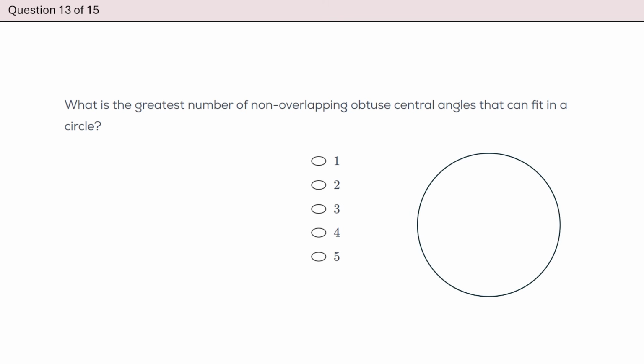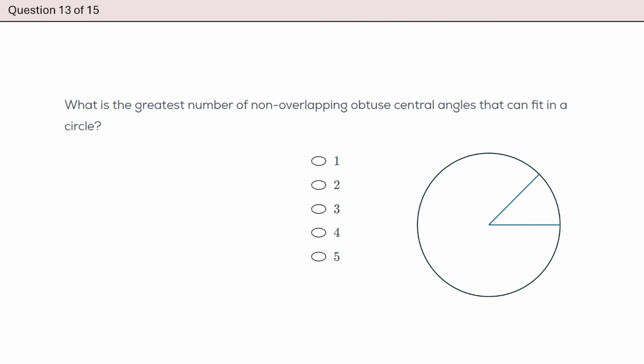All right, so we have this circle, right? And of course, the central angle is going to be from the center. So first of all, we need to set these up right at the center of the circle. So here's one of these. There we go. And then this is an example of a central angle, everybody. Right there.